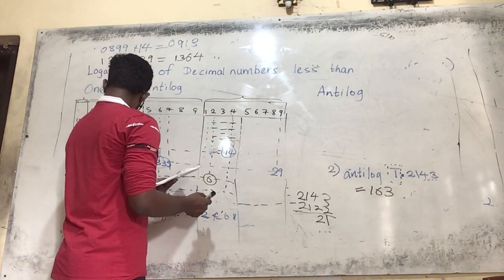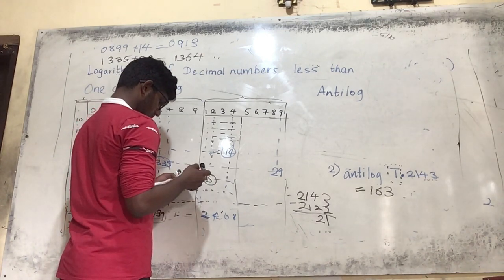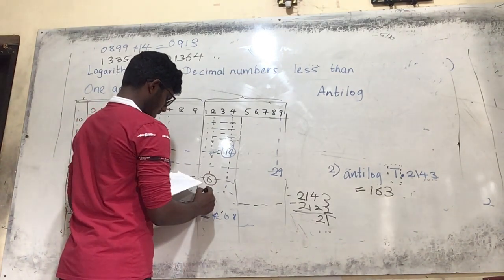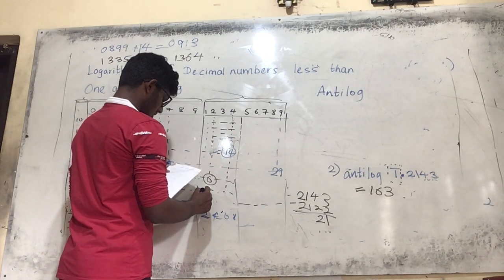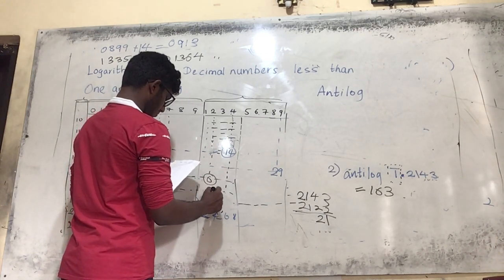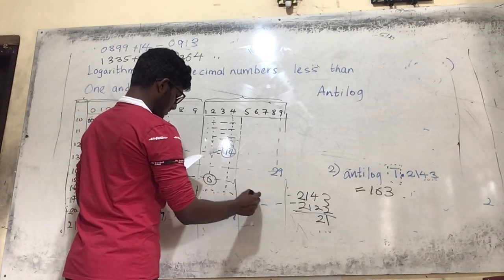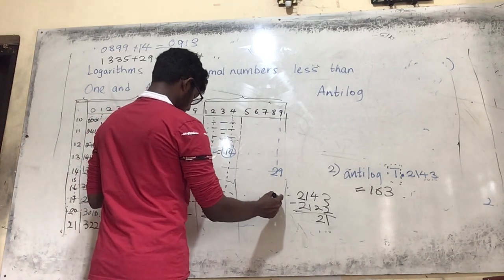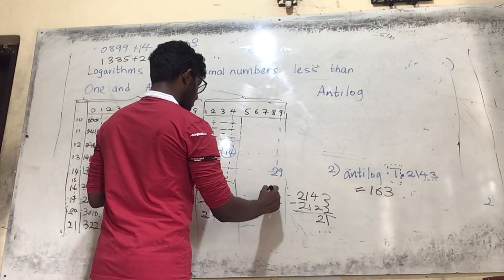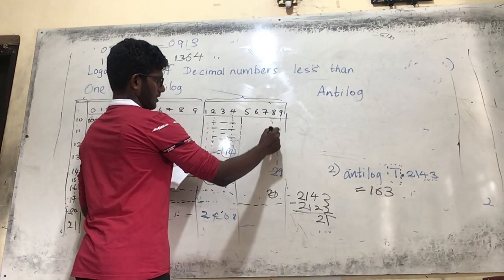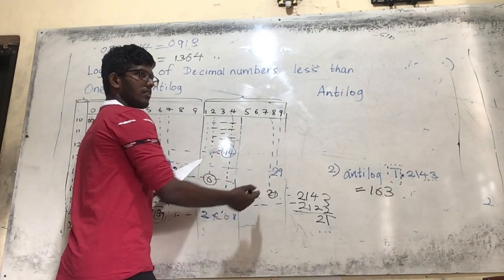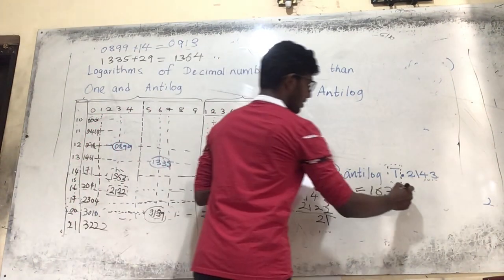Huh? So 16, 1 row. Here you have 3, 5, 8, 11, 13, 16, 18, 21. So in the 8th column you have 21. You can directly take that because it is closer or lesser or equal. Equal is fine. So you write 8.